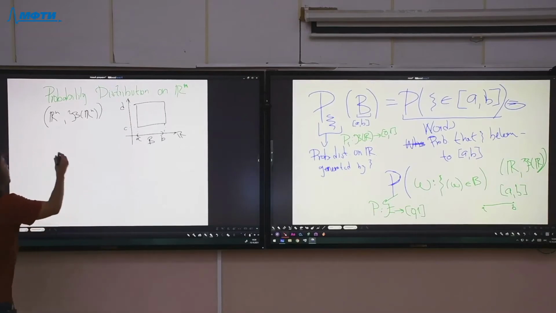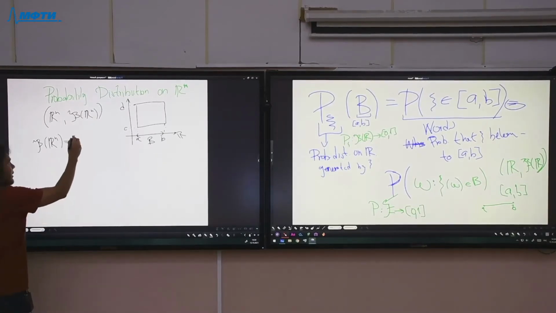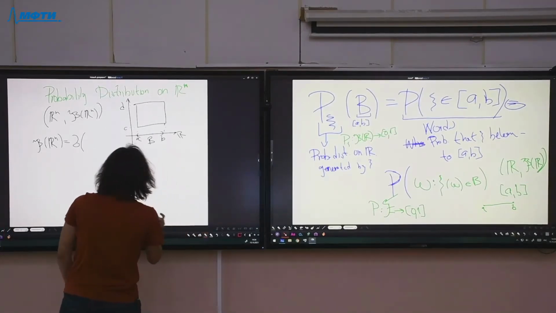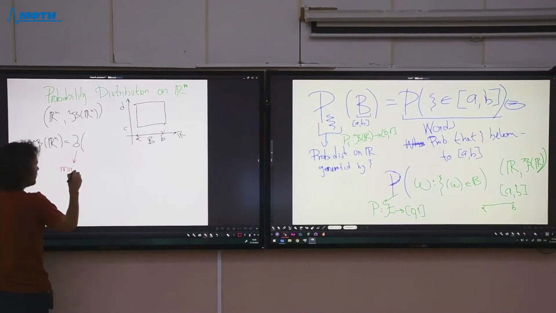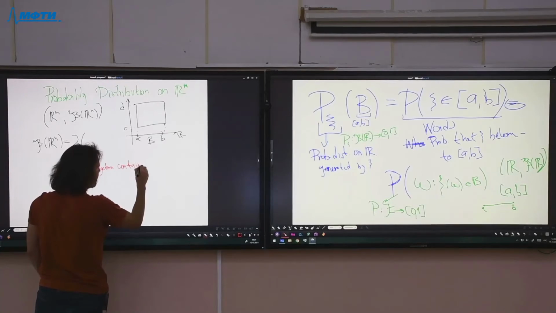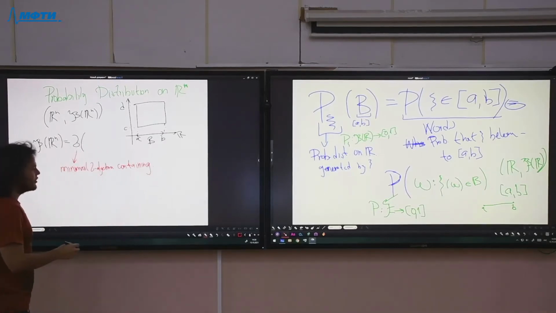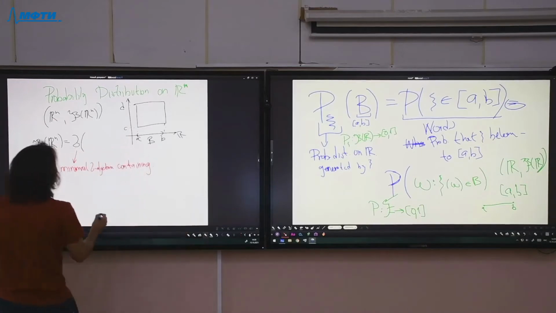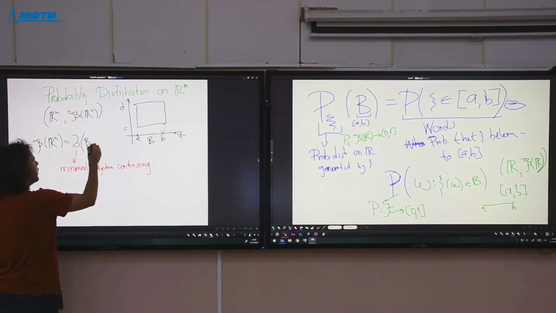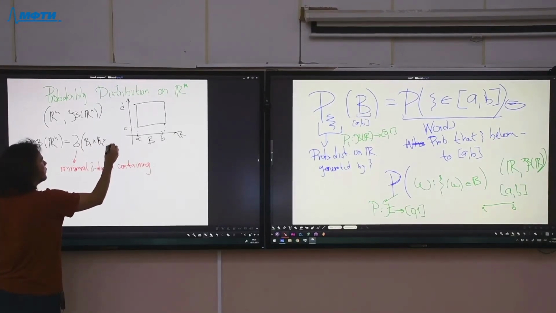So the Borel sigma algebra on Rn is just the minimal sigma algebra containing all such Cartesian products, B1, B2, Bn.